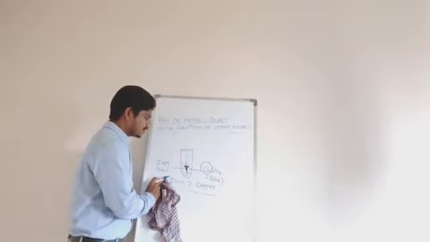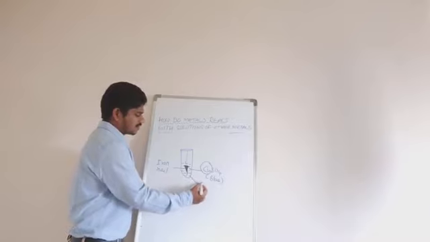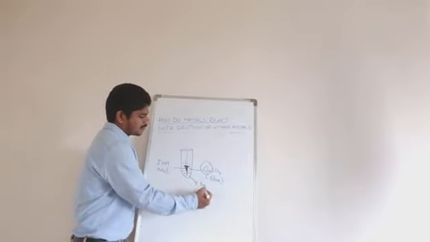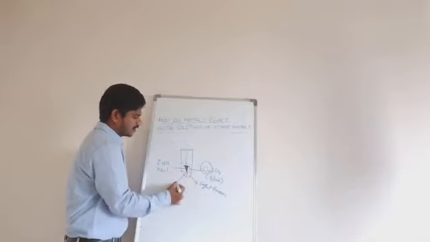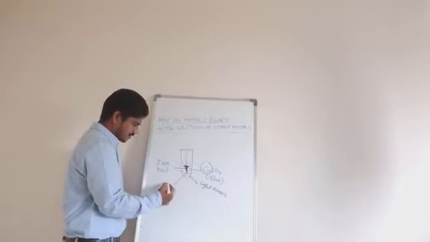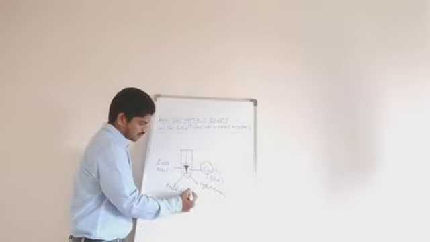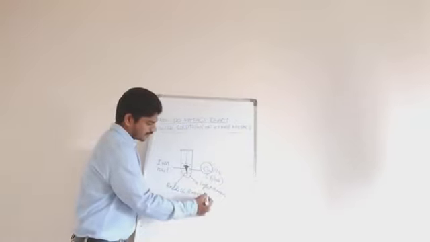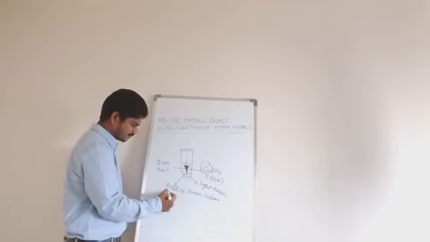So you can see that after some time the color becomes light green, and here you can see that reddish brown copper will be deposited on the surface of the iron nail.